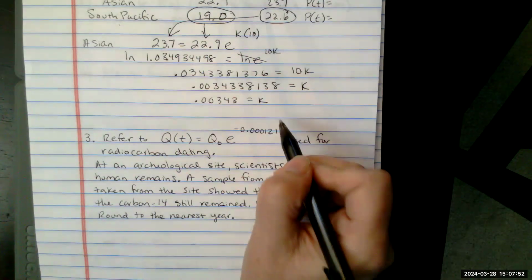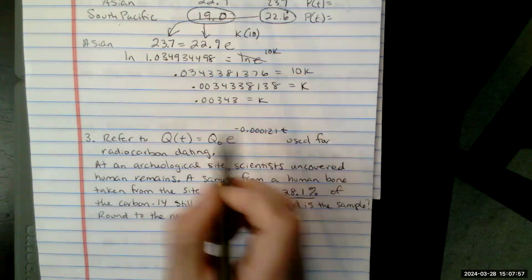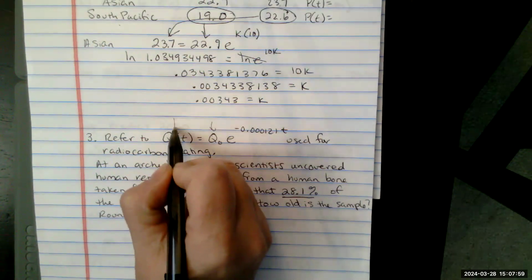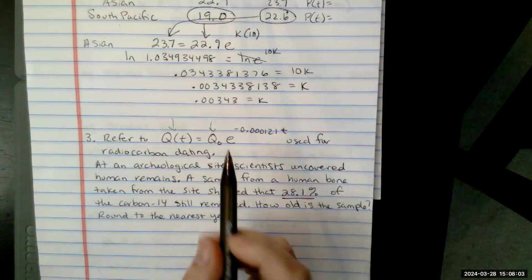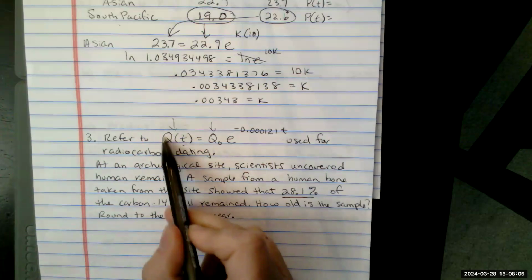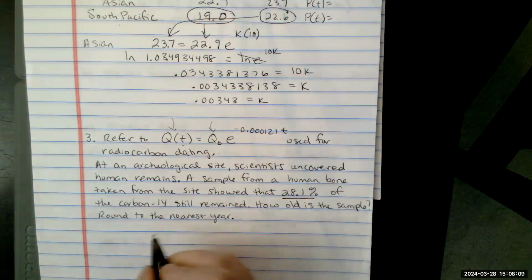So if we're using this equation to find how old, t, we would need to know this and this. But we don't really know either of them, but we do know that the ending result is 28.1% of whatever it started with.